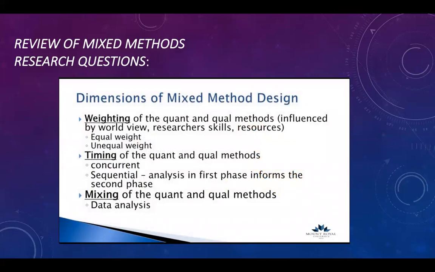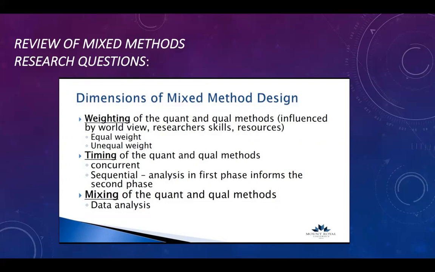Something to think about in relation to mixed method design, there are 3 specific dimensions we need to consider. The first one is weighting of the quant and the qual pieces. A lot of times this can be influenced by worldview, the positivistic versus the naturalistic paradigm.